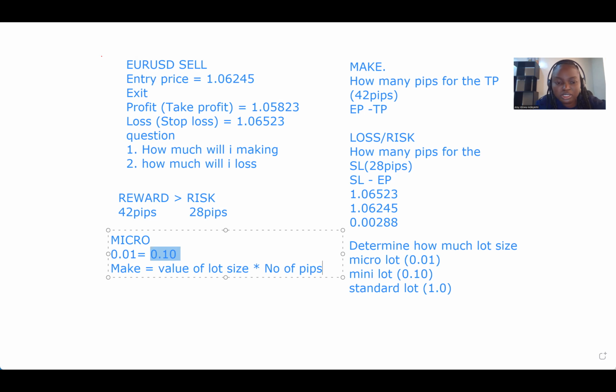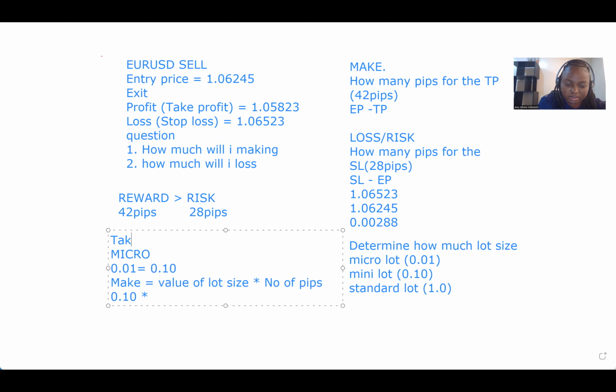So for this example, the value of the lot size is 0.10, which is 10 cents, multiplied by, for the take profit, 42 pips.